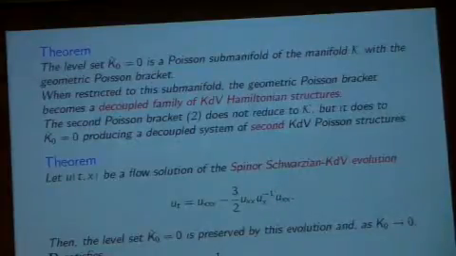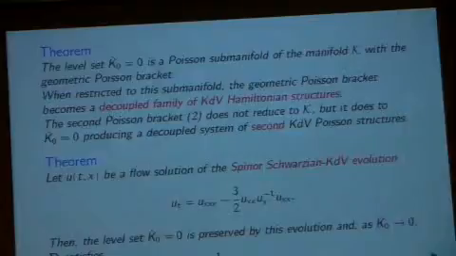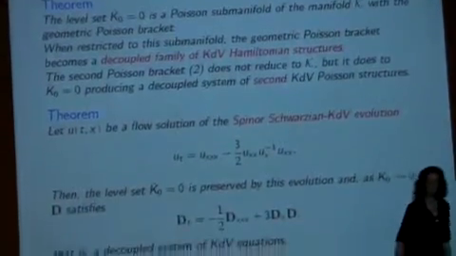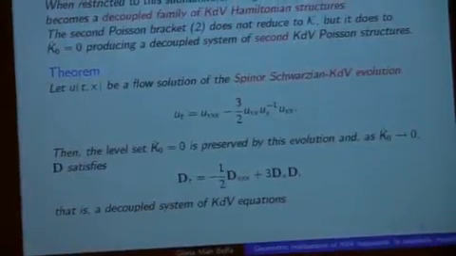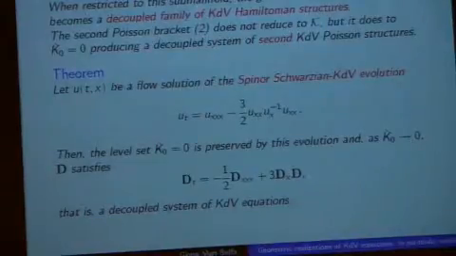The entire flow will have that property, and the invariants would satisfy a decoupled system of KdV. So you get these nice flows on spinors, and you get it also in Lagrangian, and you get it in the conformal sphere.